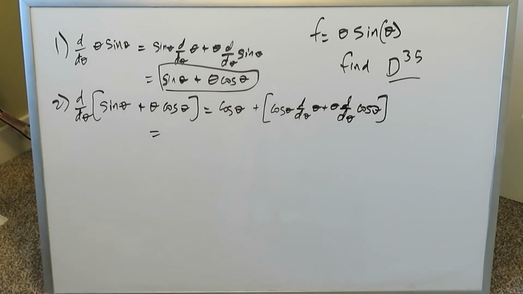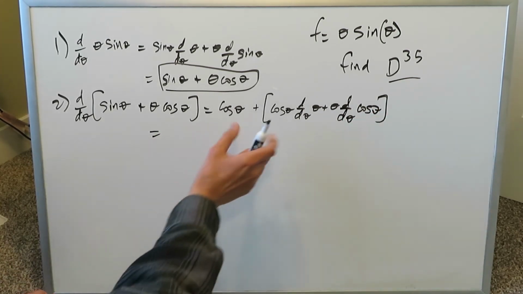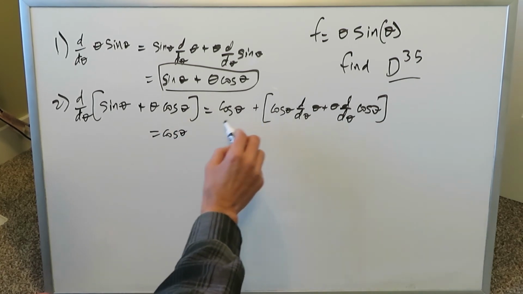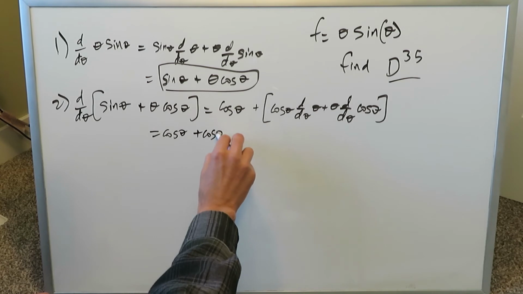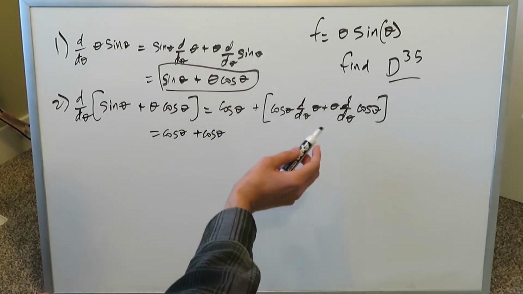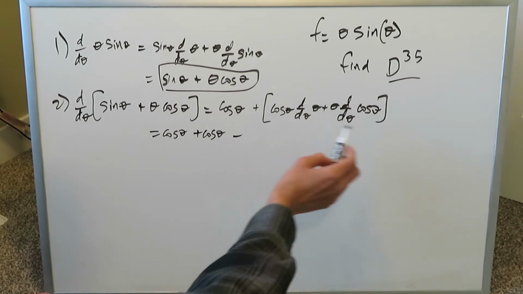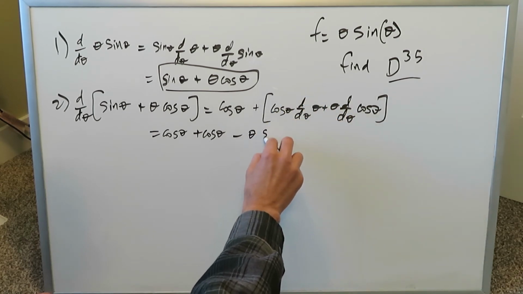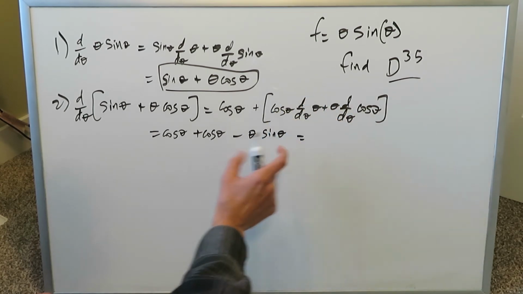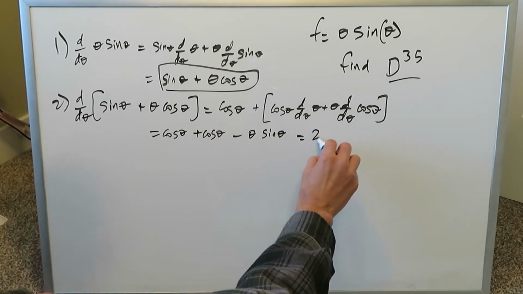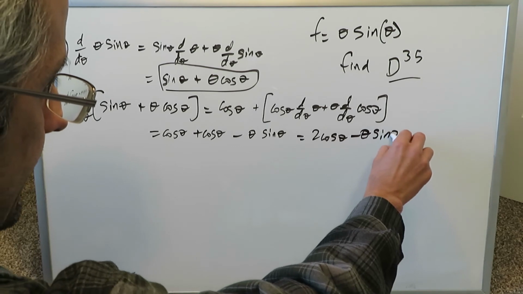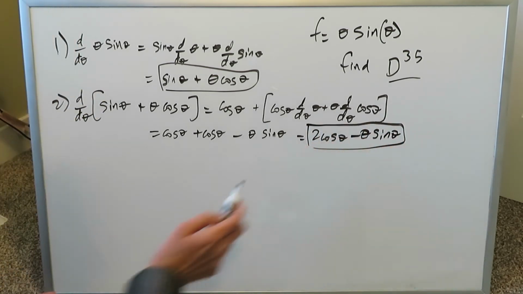When you do all of that, you bring everything together, simplify it, and present a good answer. You'll have cosine theta. Here you'll have plus cosine theta. The derivative of theta is just a 1. Multiplied with that, you get a cosine theta. Minus, the derivative of cosine theta is a sine theta, which multiplies with that. You get a theta sine theta. Combine all of this. You'll have 2 cosine theta minus theta sine theta. So that's the outcome of the second step.